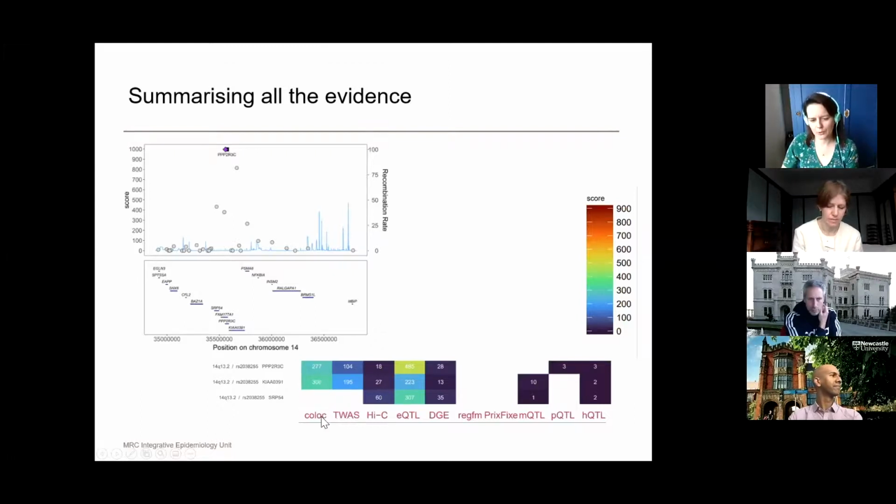When we look at all the different evidence that contributed to those scores, we see a lot of evidence coming from colocalization or eQTL data sets, but also a bit of evidence from chromatin interaction and maybe methylation QTLs. Although this is still hypothesis generating, I think it's a useful way to summarize all of that evidence in one place to give people a priority list of genes that might be causal in a particular region.